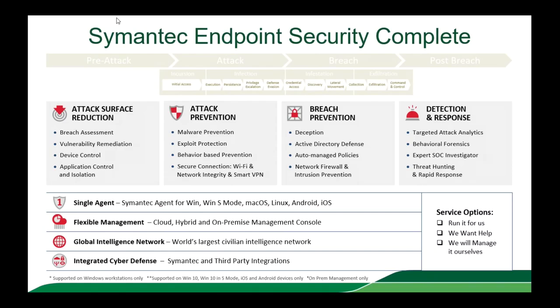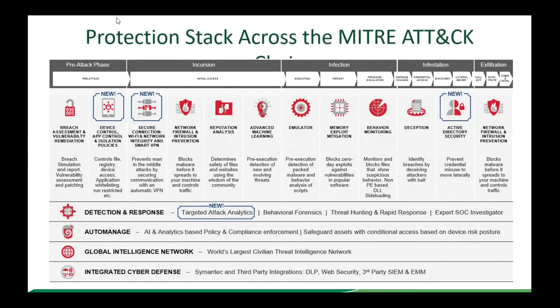So attacks usually come in 5 stages. You have the pre-attack phase, where the attacker is trying to learn more about the environment. The incursion phase, where the attacker is now trying to target different devices which he identified in the pre-attack phase.